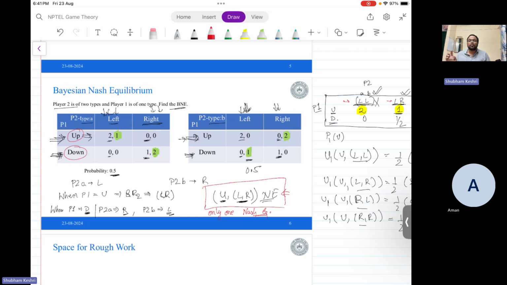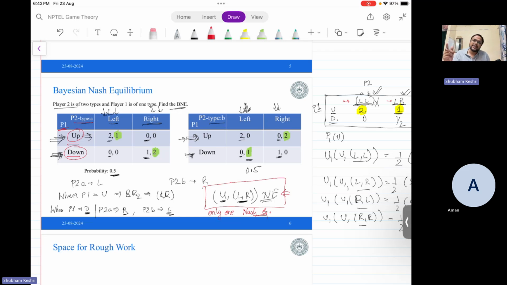Player 1 doesn't know whether nature will force that firm to become type A or type B. Therefore, he will find some action that does well in both cases, whether it becomes A or B. Player 1 will play in such a way that whether player 2 becomes A or B doesn't matter.